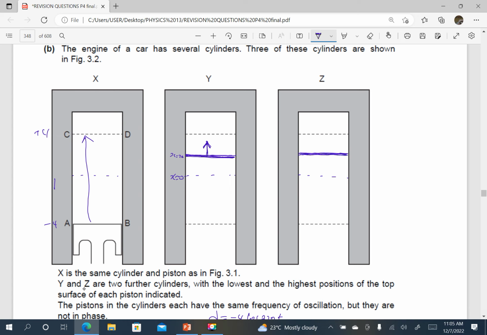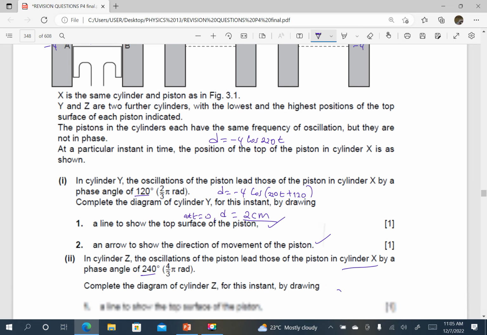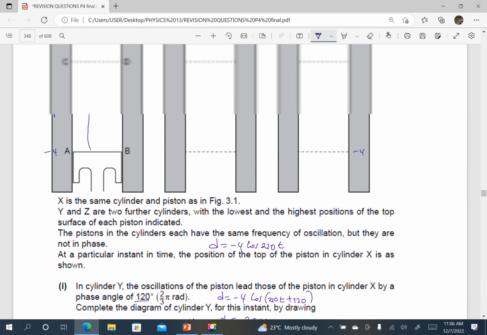So you draw a horizontal line 2 centimeters above. Of course, this is not drawn to scale, that's why I'm using calculations. Note that from the origin, if this is 0, this is negative 4, and the other one is 4. So in between 0 and 4, that is 2 centimeters. But remember, this one is 240 degrees out of phase.